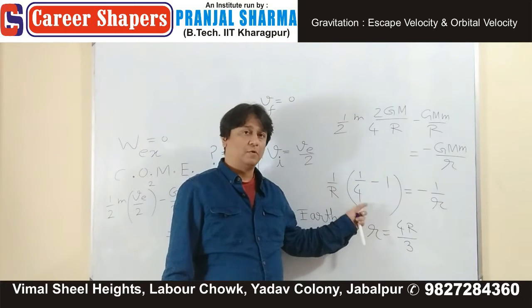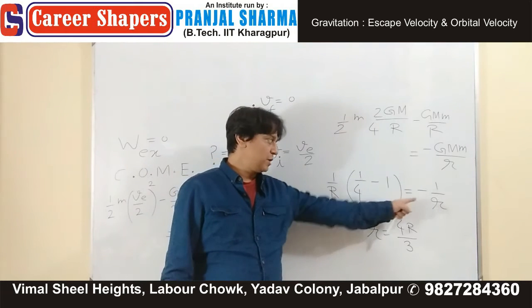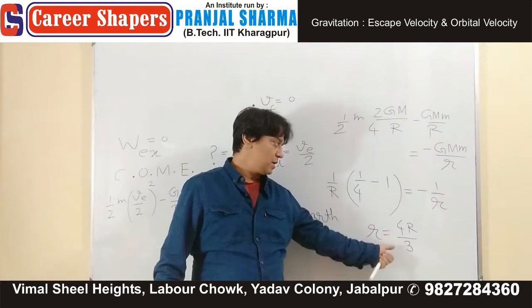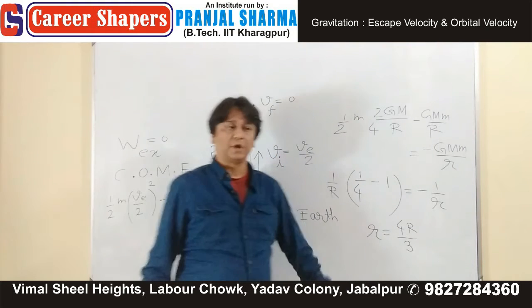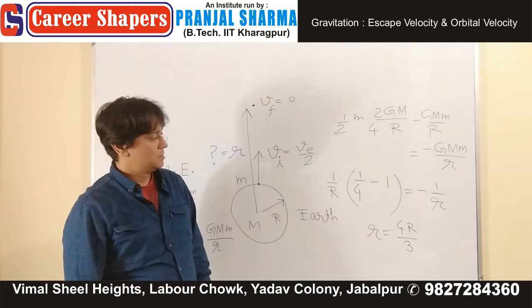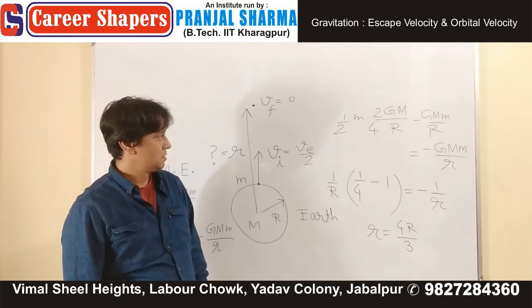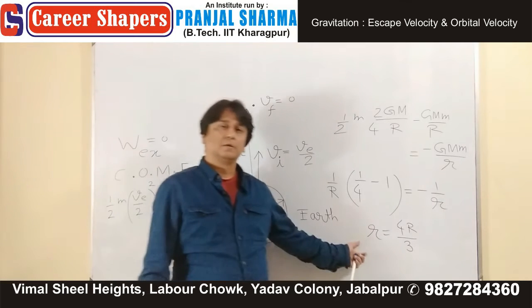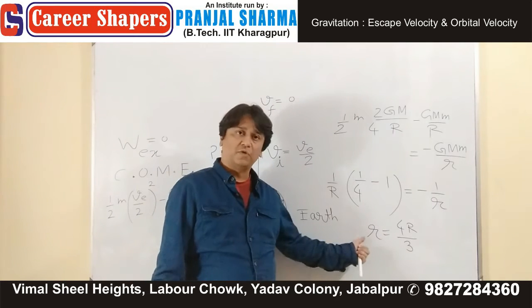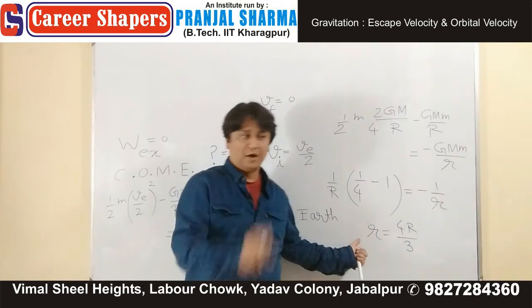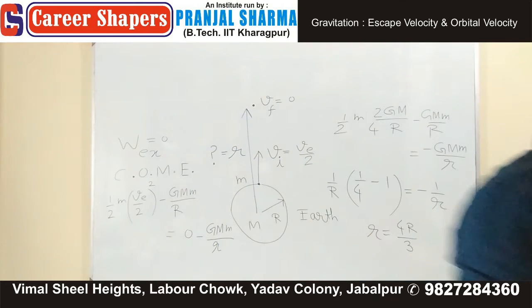This is 3 by 4, minus cancel. We are looking for a small r, which is coming 4r by 3. If you understand everything, then write down yes in the comment box.